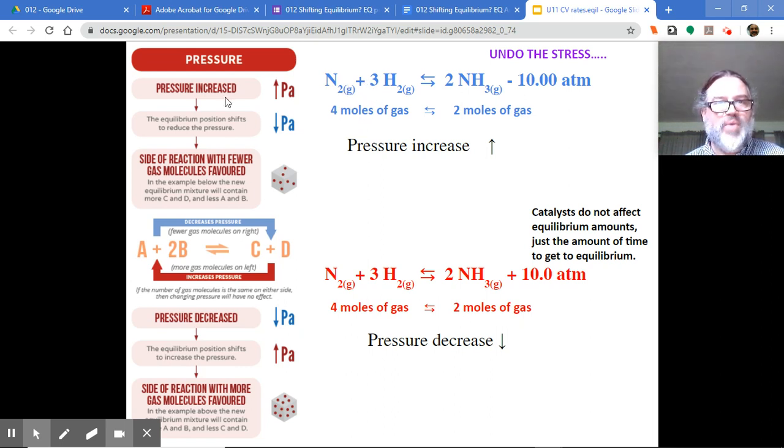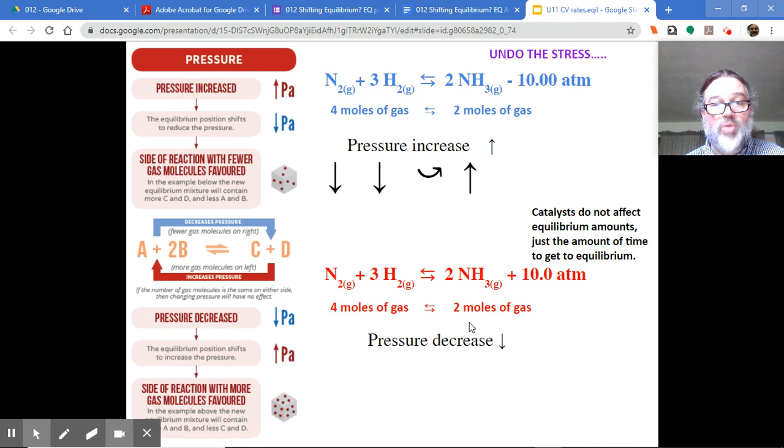And pressure. Well, if you increase the pressure, the equilibrium will shift in a way to reduce the pressure. Well, 2 moles of gas make a certain amount of pressure. 4 moles of gas make more pressure. So if I increase the pressure, it's going to shift to the side that produces the least amount of pressure. 2 moles of gas, fewer particles colliding with the wall, means the low pressure side is going to be the one with the lowest moles of gas.